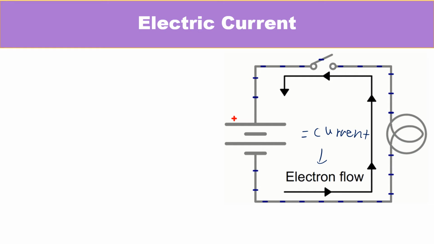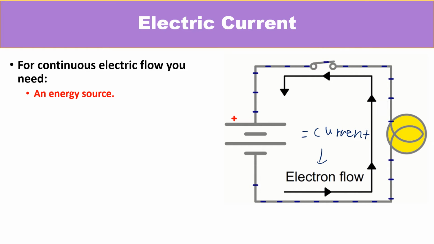We need electron flow because the current generates electricity. So what is required? First of all, we need an energy source. If you think about an energy source in your small electronic devices, a battery is a good source that you can think of.